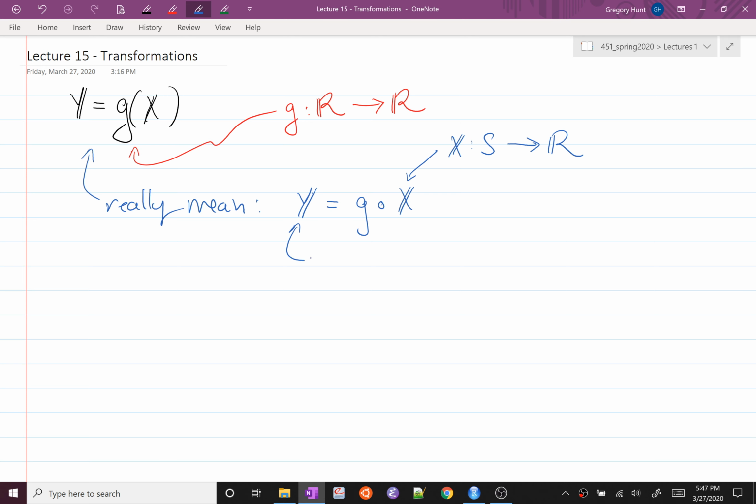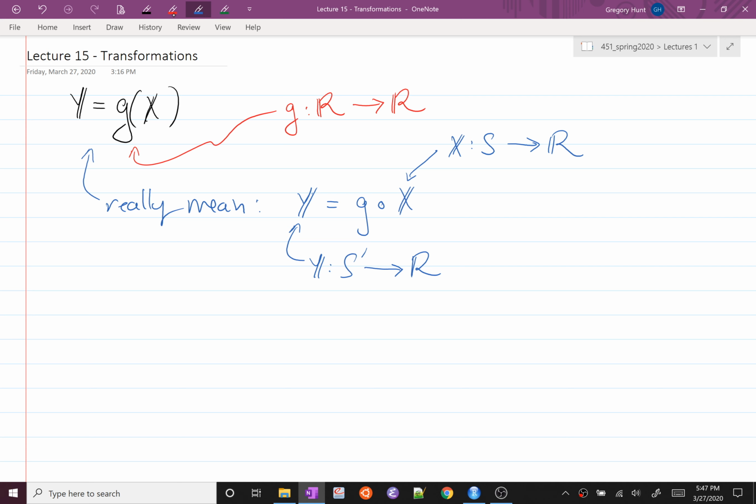And the new random variable Y better be some other function from some sample space, let's call it S prime, to the real numbers. And so in order to get that properly in terms of functions, really what we mean when we plug X into g is that we're composing g with X.